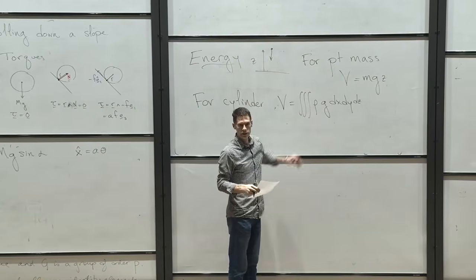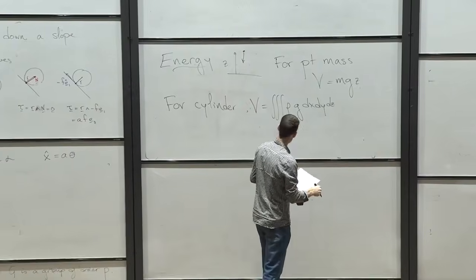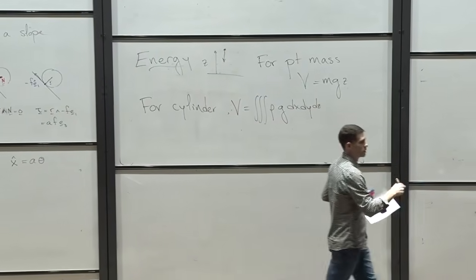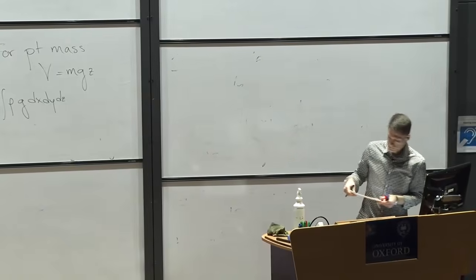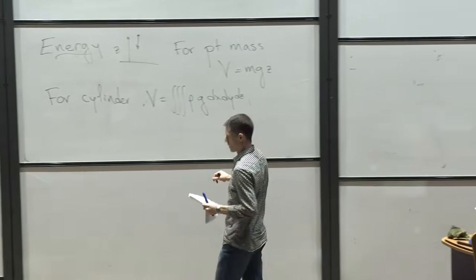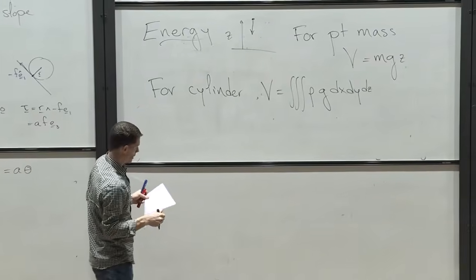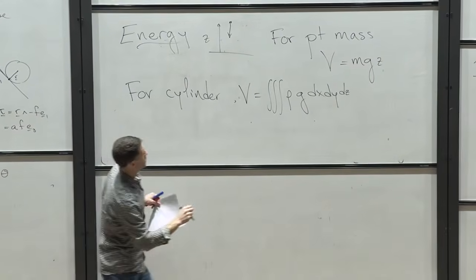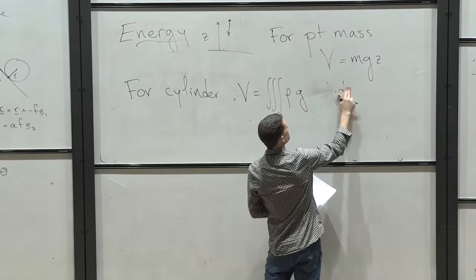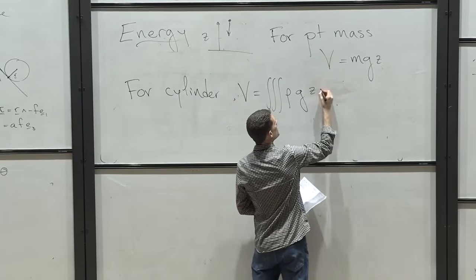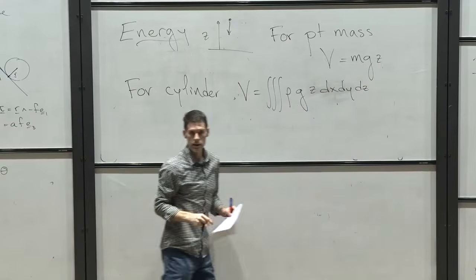And because we're assuming that the density of our cylinder is constant, we could work that out, but a nicer thing to do is, oh, sorry, I need a z in here.